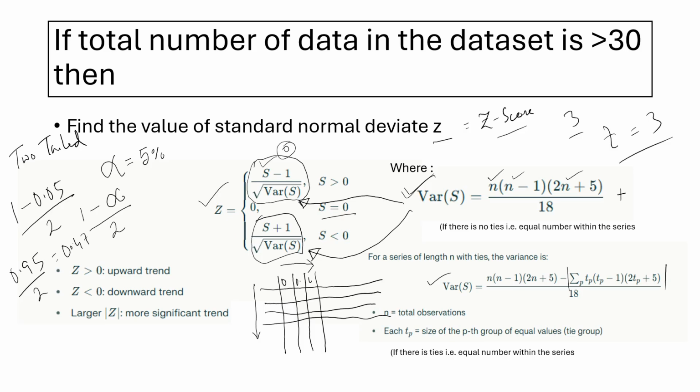So you have to find this 0.47 from the body of the table. Lots of values will be there. From the body of the table you have to find your value 0.47.